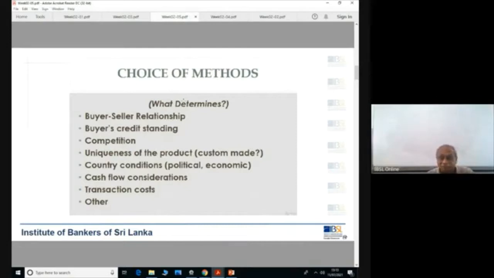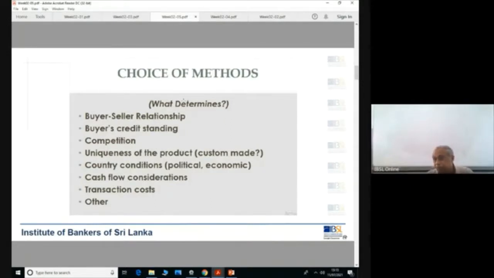If the relationship is very good, they know each other very well and have a very long history of trading, and they can trust each other, then they can go for an easy payment method like advance payment or open account. Another factor is the buyer's credit standing.